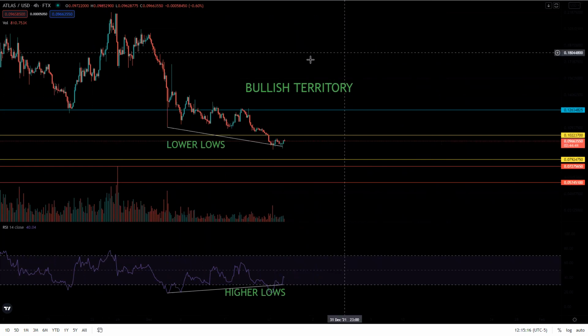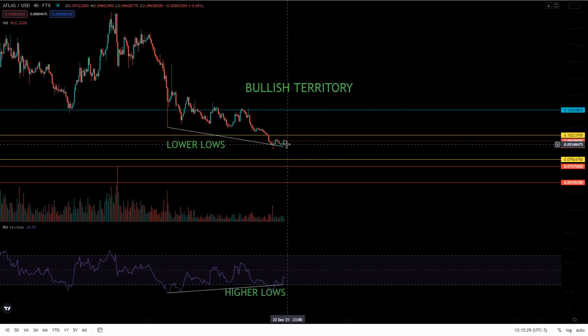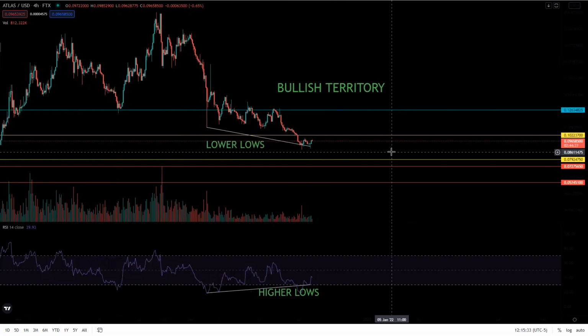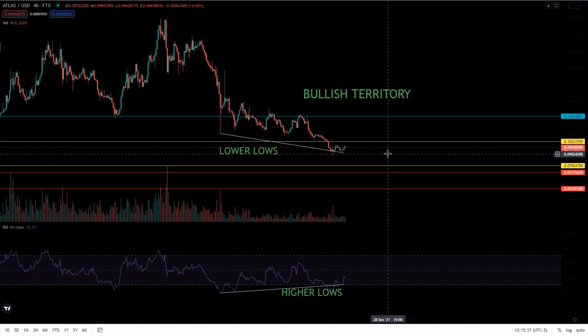Once we flip 0.102 from support and resistance, the breakout level is going to be 0.126. So once we get past 0.126, we're going to be in bullish territory, and you can enter now and trade from here up to 0.126, most definitely. I'm not here to try to tell you guys how to trade or what to trade, but just trying to give you guys a nice little update on the ticker.